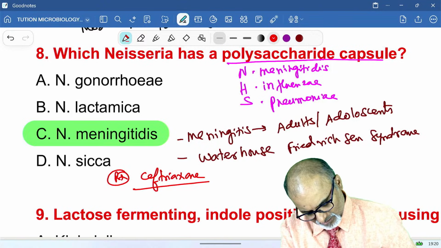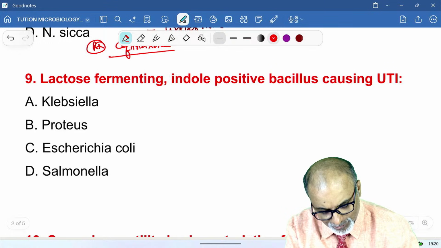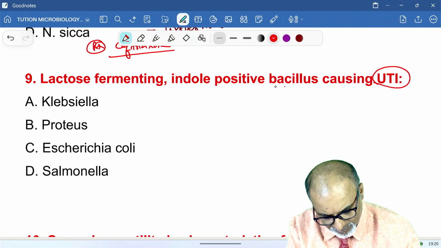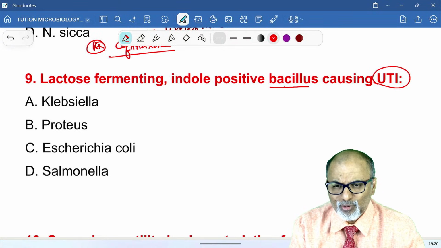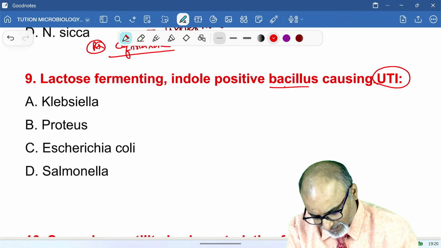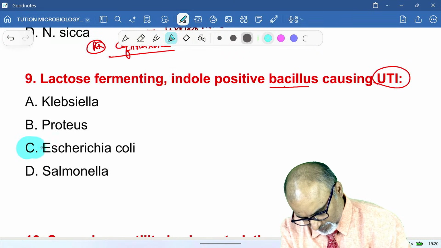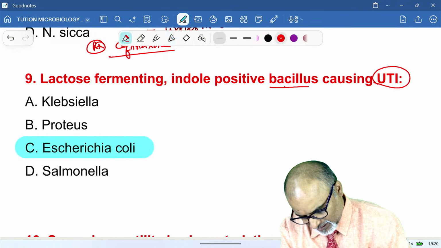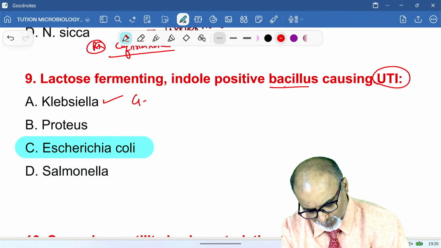Next is lactose fermenting, indole positive bacilli causing UTI. The most common cause of UTI, a direct question, is Escherichia coli. Klebsiella also causes UTI, but Klebsiella is indole negative.